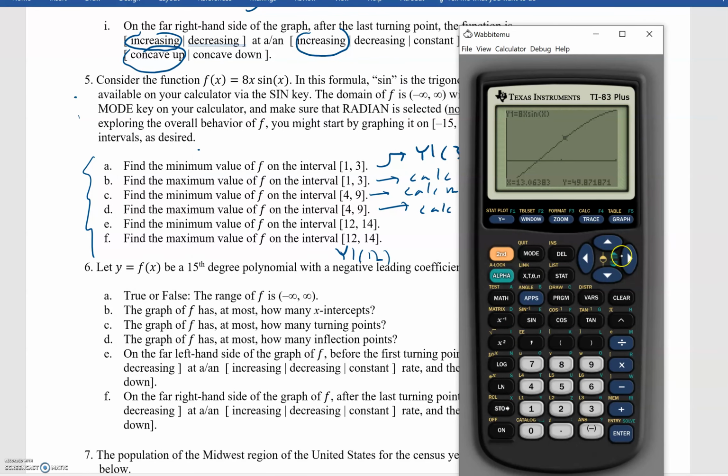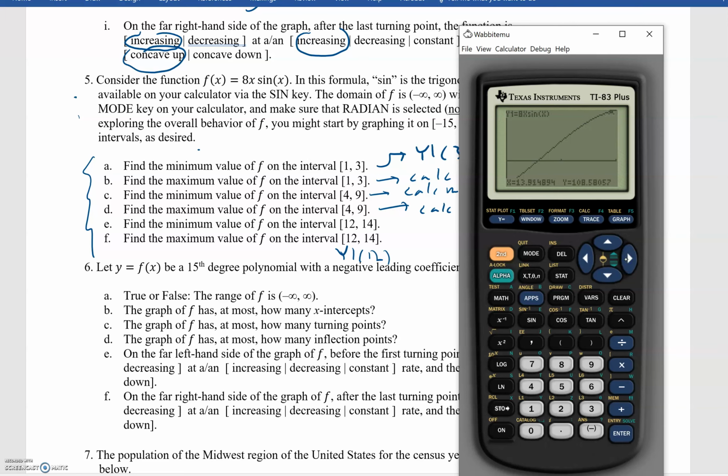Hit trace and follow along to make sure that you're not deceiving yourself. But I think that the maximum is going to be at the rightmost value, so y1 of 14. So 108.58, 109.86. You see I'm still going up, and 110. And so at 14, that's going to be my biggest value.